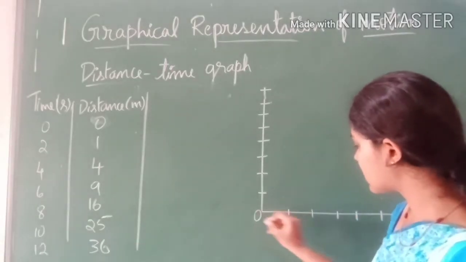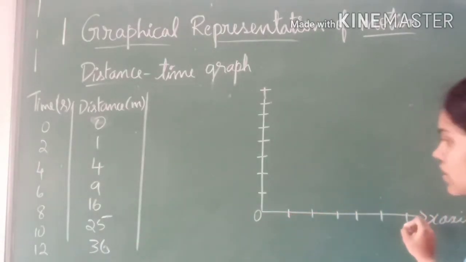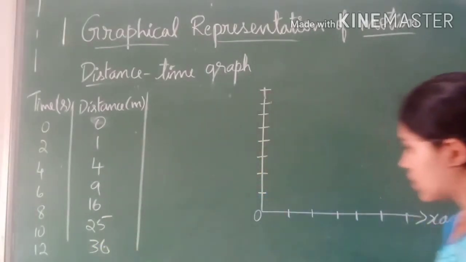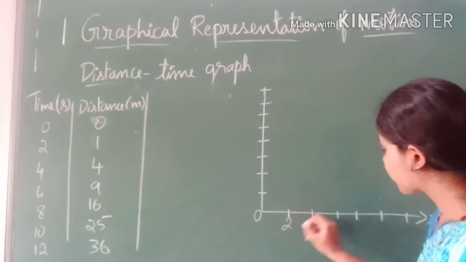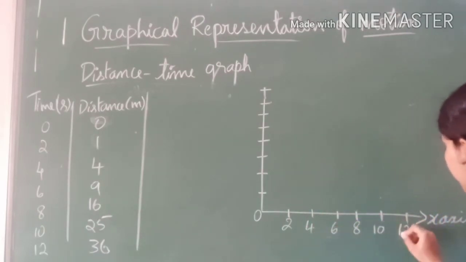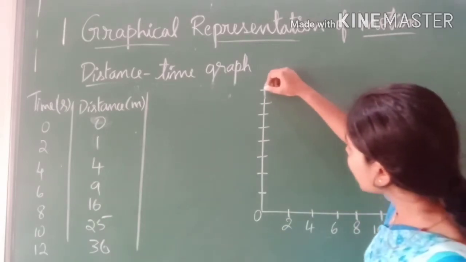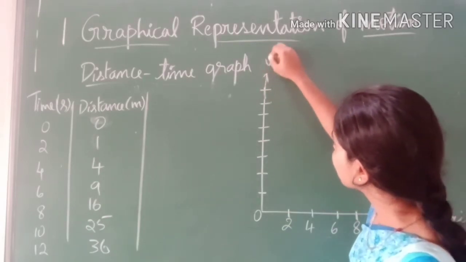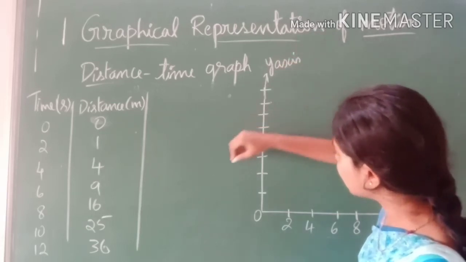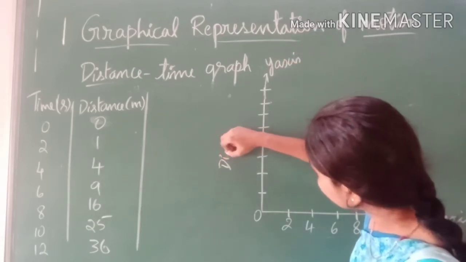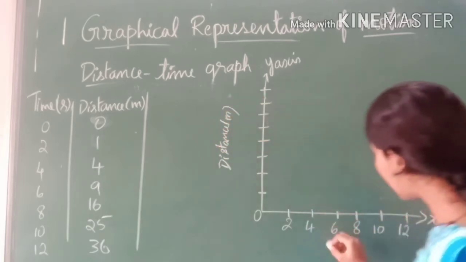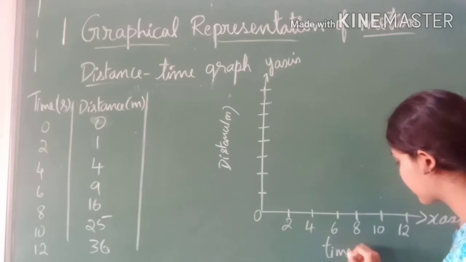So start with 0, then go till the last time, that is 12 seconds. So 2, 4, 6, 8, 10 and 12. And along the y-axis take the distance travelled in meter. Here time in second.